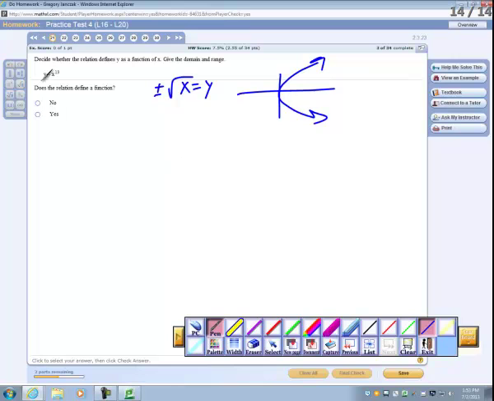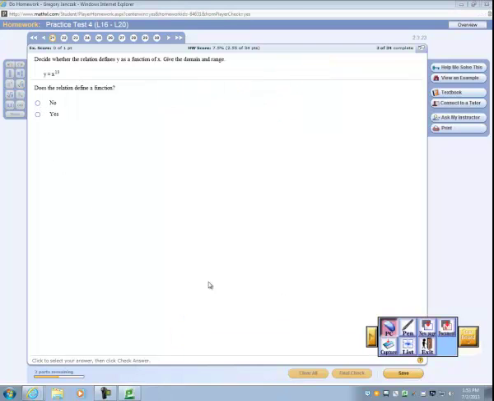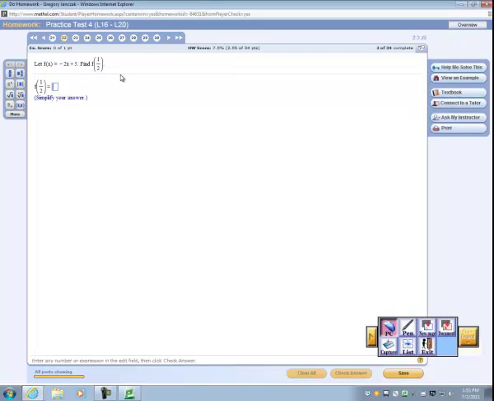So as long as you don't have a y squared in it, for the problems that we're working with, then it's a function. So we can say that, yes, this is a function. Okay, basically, all we're doing here is what? Yeah, substituting in for x. All right.